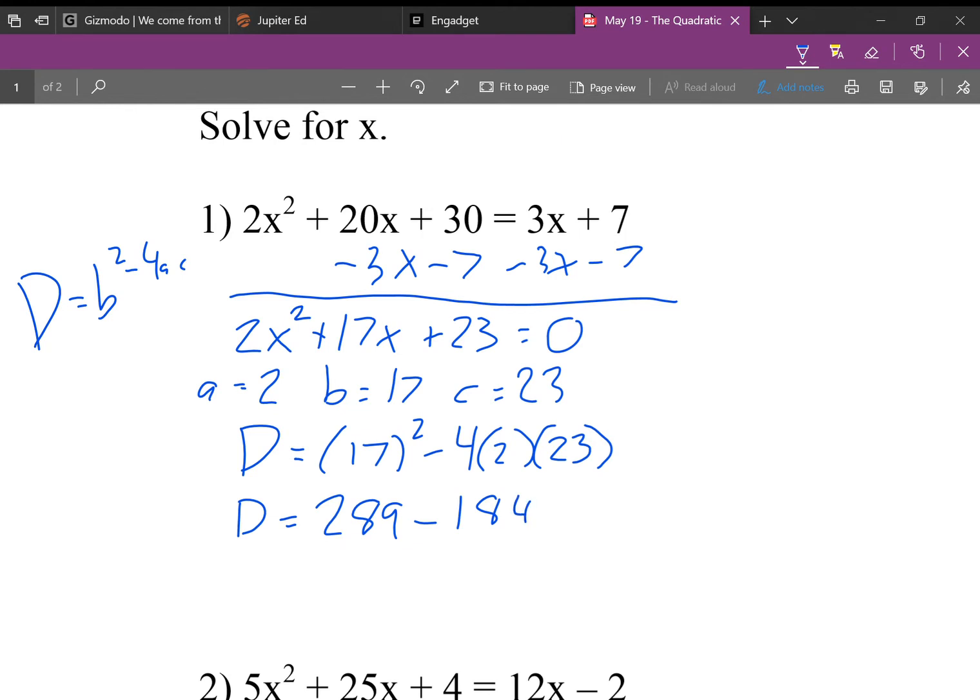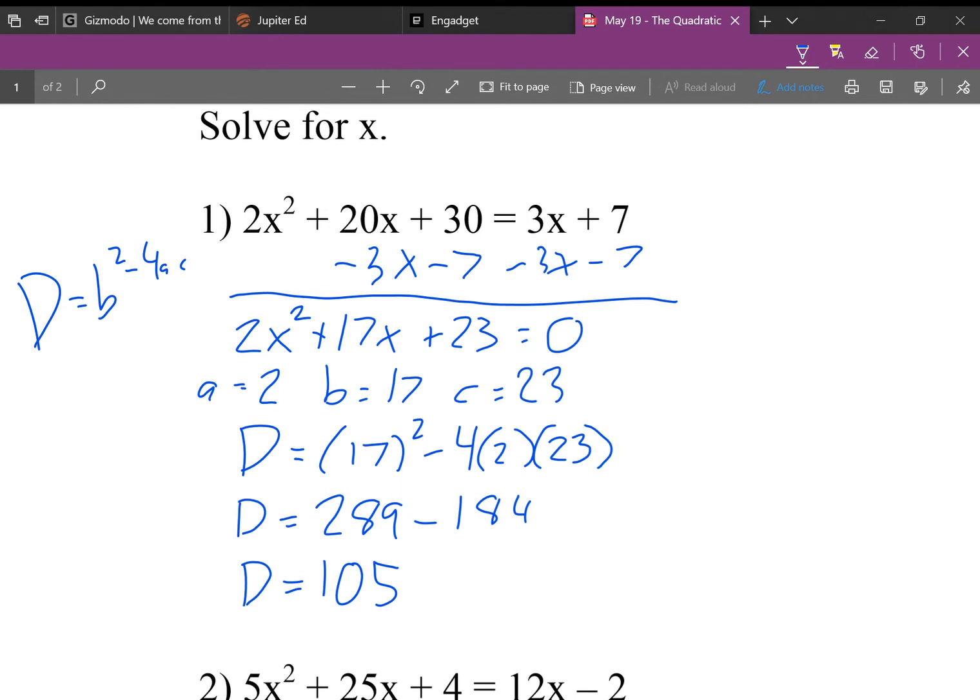Let me say it a different way. Negative 4 times 2 is negative 8. Negative 8 times 23 is negative 184. And then finally, when I do the subtraction, I get that the discriminant here is 105. All right.